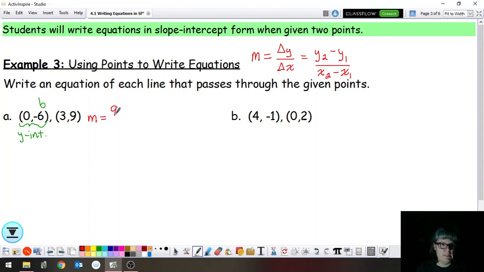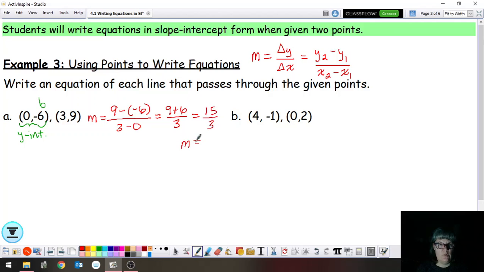So I'm going to take 9 subtract -6 over 3 subtract 0. Subtract a negative becomes an addition. 3 subtract 0 is 3. Simplify the numerator, we have 15 over 3.